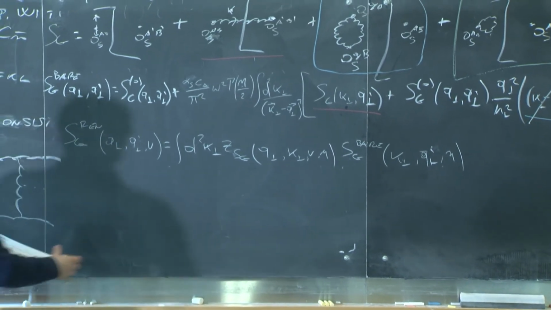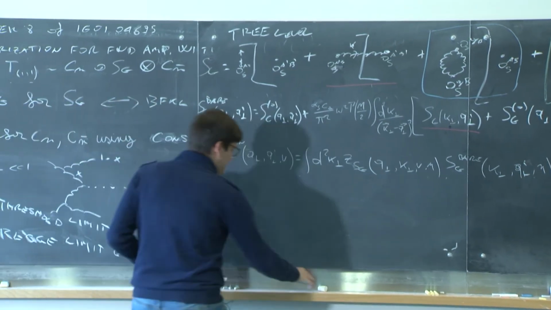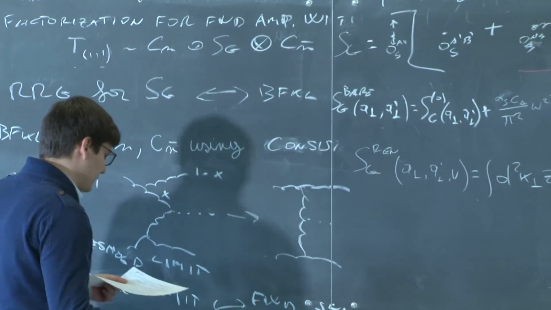And so from this expression, you can imagine that I'm going to get a renormalization group equation that is also a convolution.